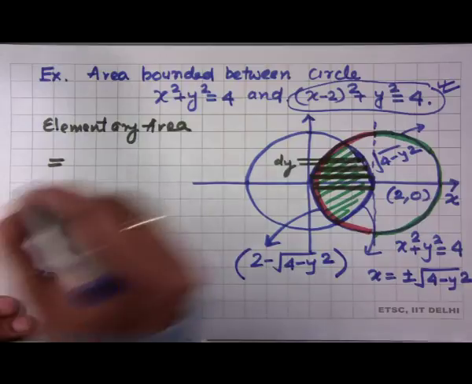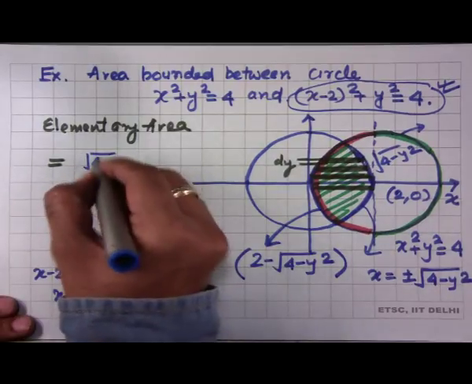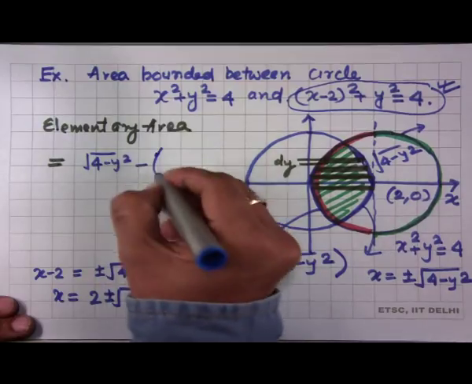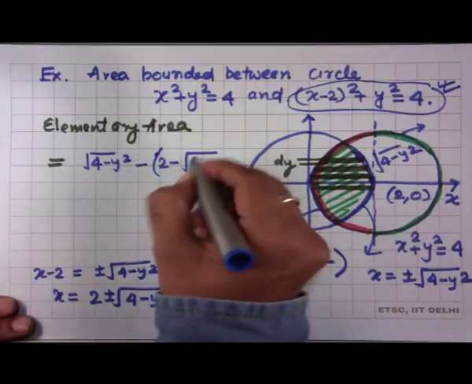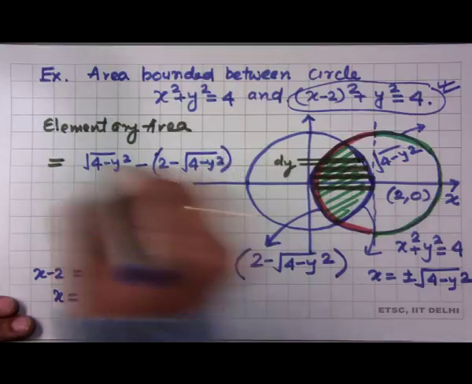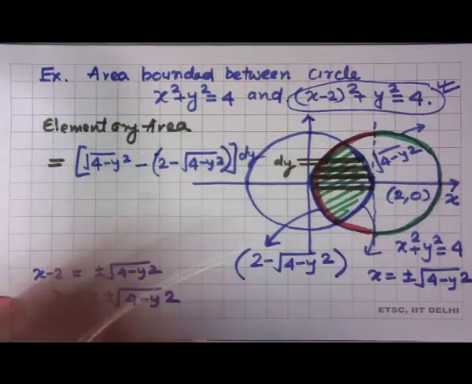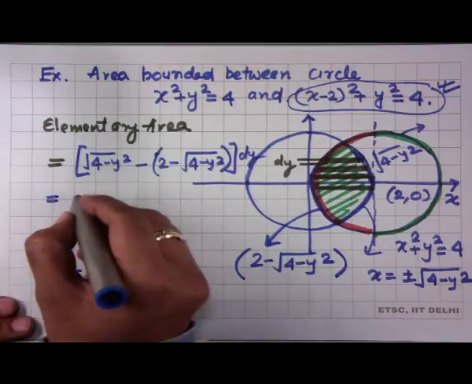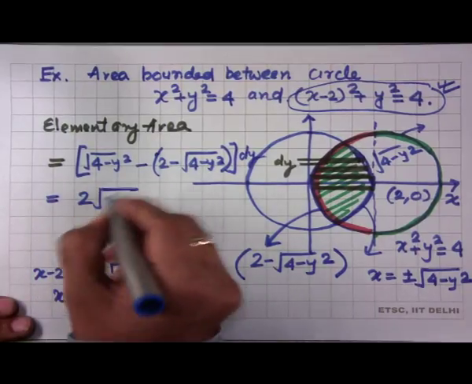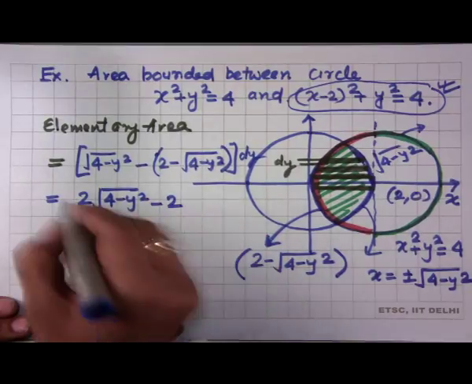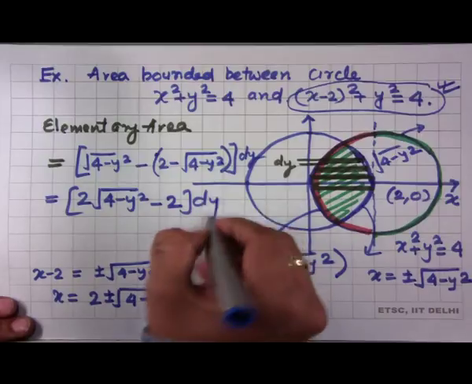So, that is (2 plus under root 4 minus y square) minus (2 minus under root 4 minus y square) into dy, which is equal to twice of under root 4 minus y square, dy.